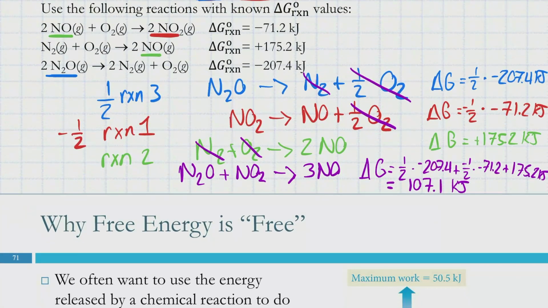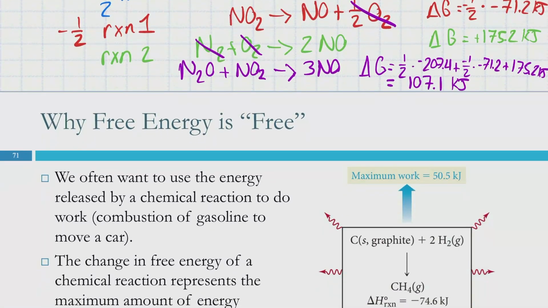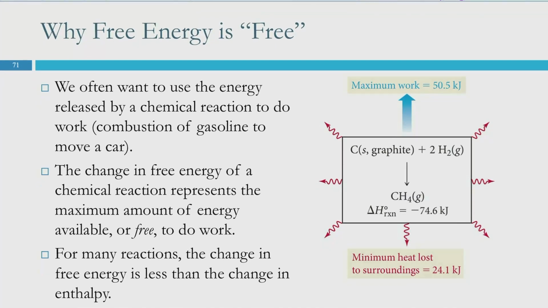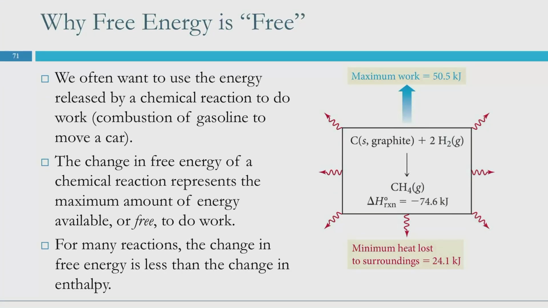Okay, so what does the free in free energy mean? If you've been wondering why it's Gibbs free energy, it's Gibbs free energy because it's named after Gibbs, and it's free energy because it's available energy. So the change in free energy of a reaction represents the maximum amount of energy available, or free, to do work, because there's going to be some loss due to enthalpy and heat and that sort of thing.